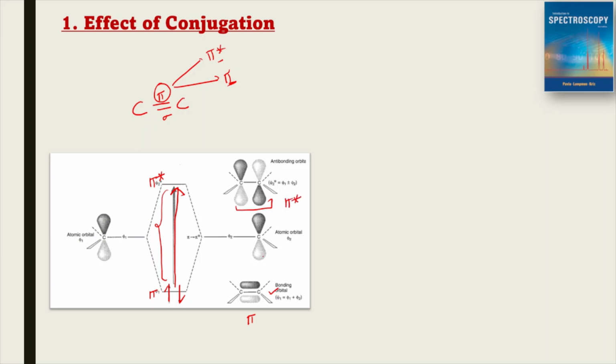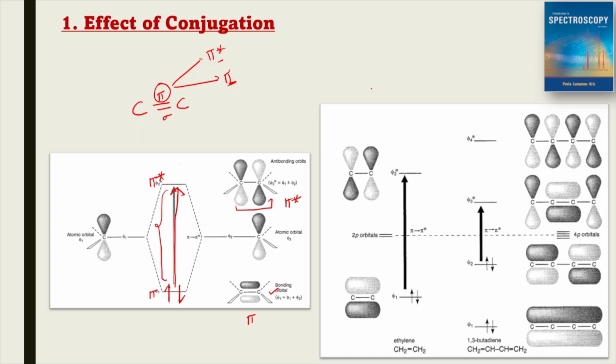This is the orbital structure of the pi bonding orbital and this is the orbital structure of the pi star antibonding orbital. Now let us suppose we have a conjugated double bond. Then we have one sigma bond and one pi bond in each double bond.